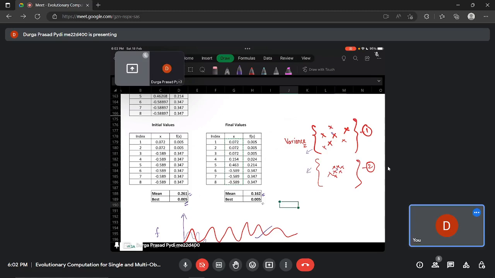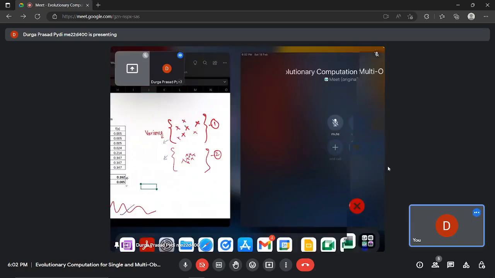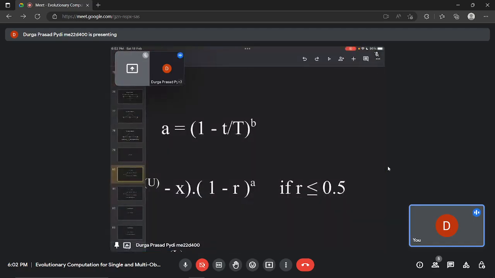It doesn't have to be an integer. There is no constraint on B. If you see the formula, it's just an exponent. It just has to be positive, because if it is negative, then you are increasing your mutation as you go. You essentially want some positive value there, so that you can decrease your search space as you go through generations.